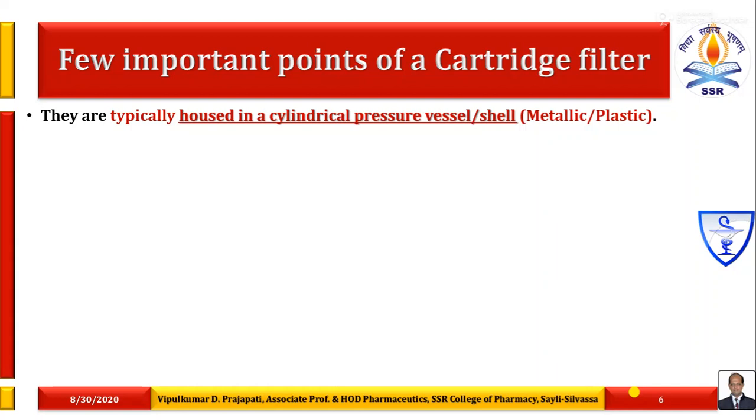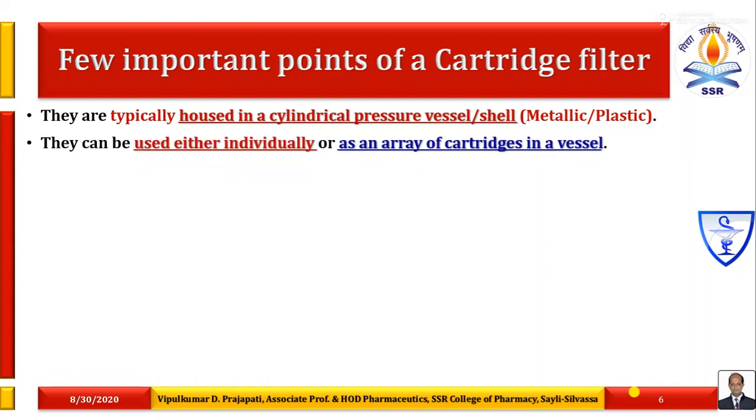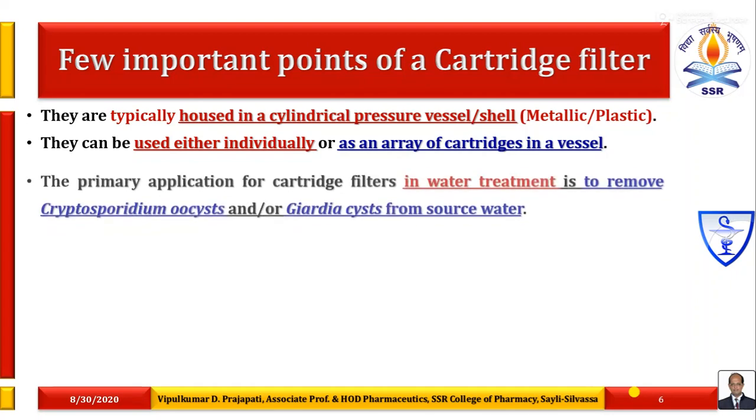The metals used for fabrication of the housing may be stainless steel, galvanized stainless steel or non-corrosive metal. They can be used either individually or as an array of cartridges in a vessel, meaning a number of cartridges arranged in a sequence. So the first cartridge acts as a pre-filter, the next one acts as a post filter. In that way it is arranged in a sequence in one house or number of houses.